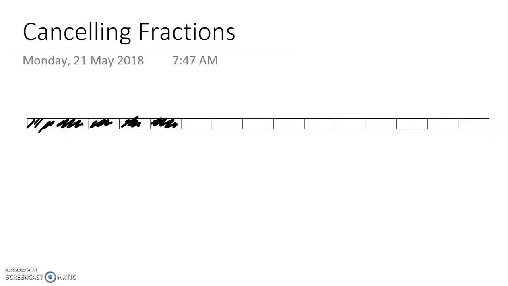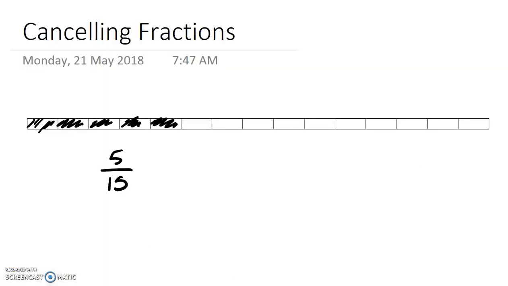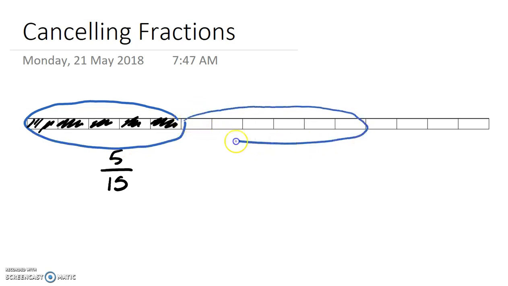So what's the fraction? 1/3 is the answer. But 5 on 15 would be the unsimplified form. Yep. And then we're looking at groups of 5, aren't we? Because here can be divided by 5, here can be divided by 5. So here's one group of 5. Here's 1, 2, 3, 4. There's another group of 5.